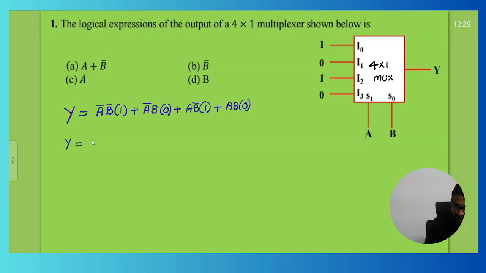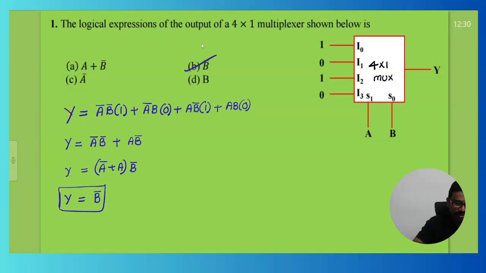So finally what will I get? A bar B bar plus, this term is 0, that is AB bar. So finally we get A bar plus A into B bar, and A plus A bar is equal to 1. So the answer is B bar. So option B.